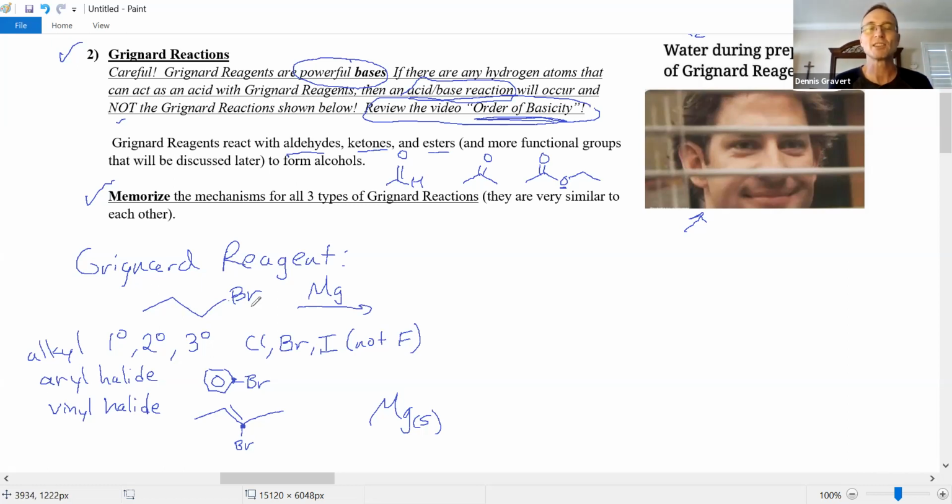Anyways, there's a little induction period, it's called, where it's slow to start going, but then it takes off. And the magnesium metal starts to bubble. It actually doesn't bubble. It doesn't create a gas unless you have water around. Darn it.